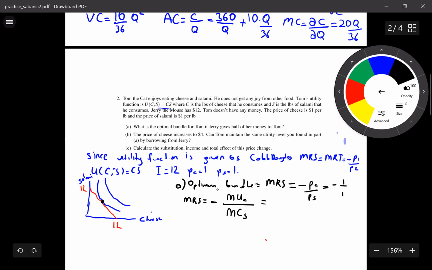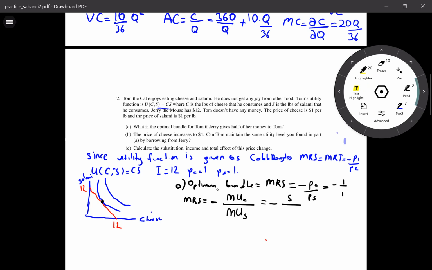The marginal utility of cheese is the derivative of the utility function with respect to cheese, which will be S. The marginal utility with respect to salami will be C. So minus S over C is equal to minus 1, then S is equal to C.